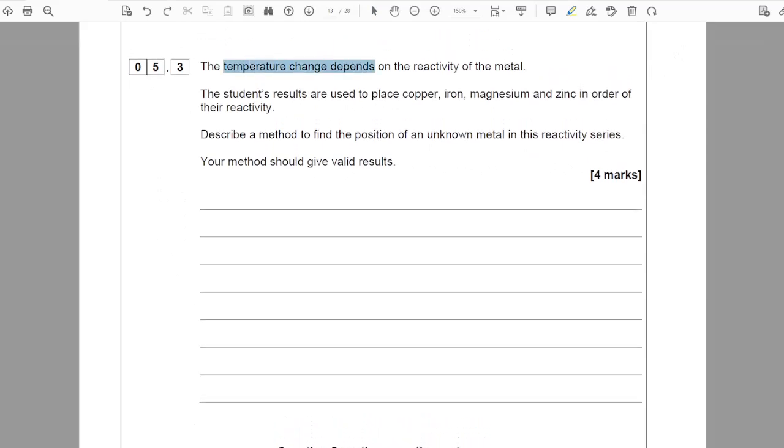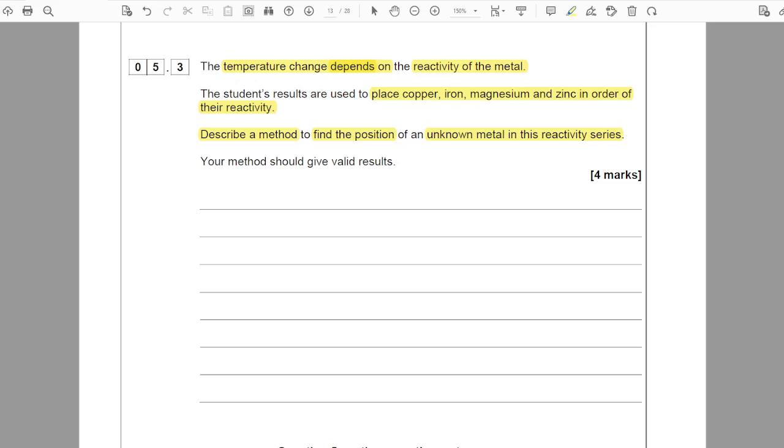5.3. The temperature change depends on the reactivity of the metal. The student's results are used to place copper, iron, magnesium, and zinc in order of their reactivity. Describe a method to find the position of an unknown metal in this reactivity series. You can answer this question in a number of ways, but the way I find easiest is by doing the experiment you're most comfortable with.